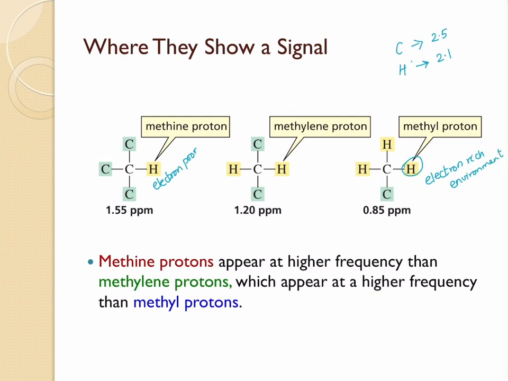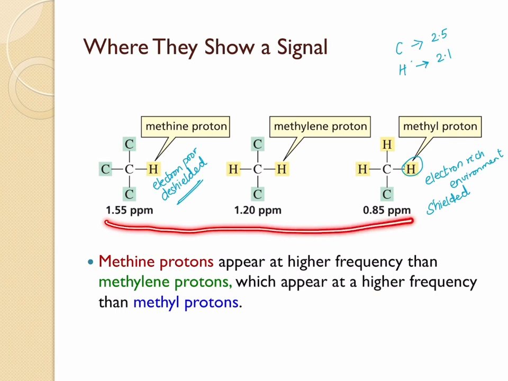Because of which this is going to be shielded, and therefore it's going to take less energy to come into resonance, whereas this one is going to take more energy to come into resonance because it is deshielded. You can definitely see this from the values here. So this is the deshielded proton, while this is the shielded proton exhibiting a lower frequency signal.